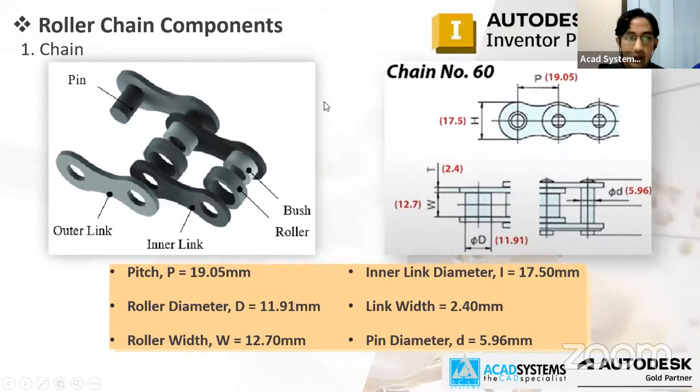Moving on to the next section. Over here, we have the roller chain components. A chain consists of an outer link, inner link, roller, bush, and a pin.